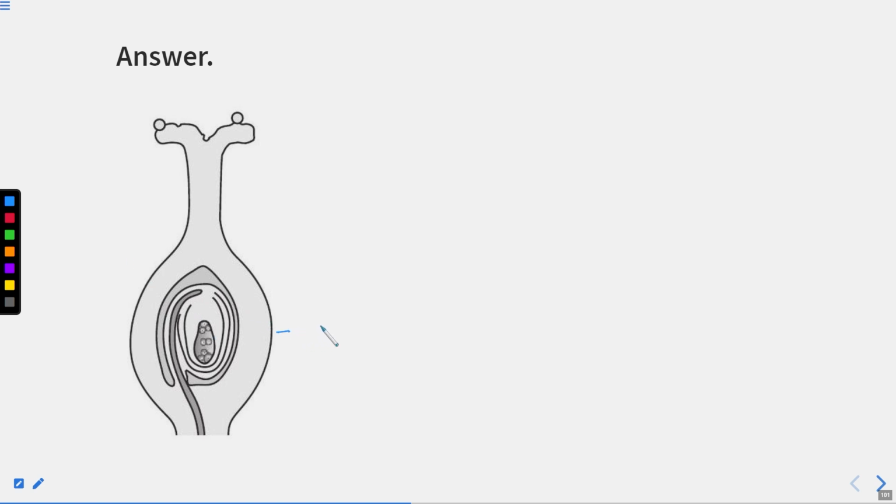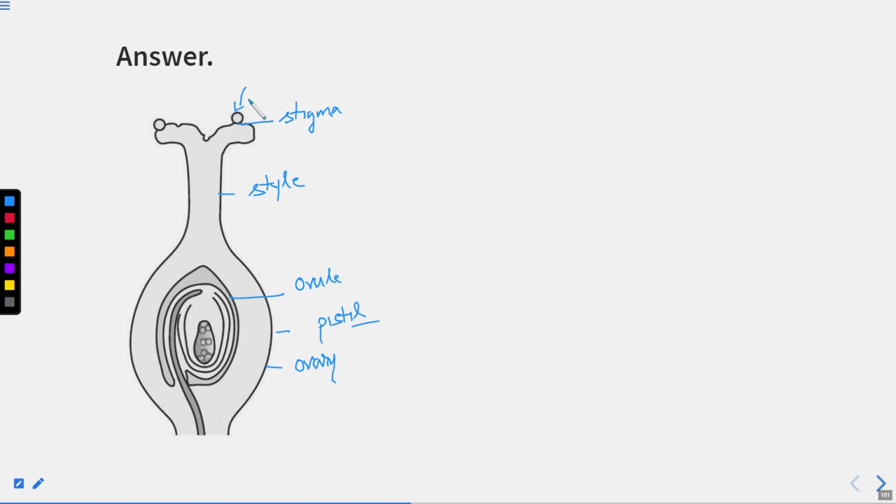This is a diagrammatic representation of a pistil. Here you can see the swollen part is known as the ovary. The ovary consists of the ovule. This is known as the style, which is the passage for the pollen tube. And this part is known as the stigma. Here the pollen lands.